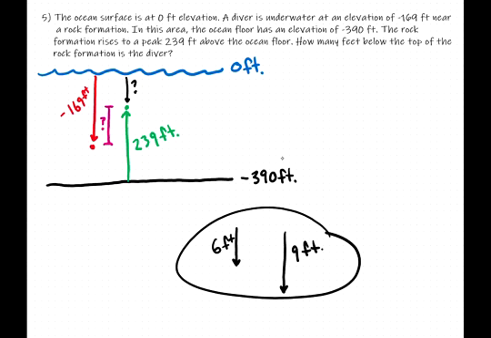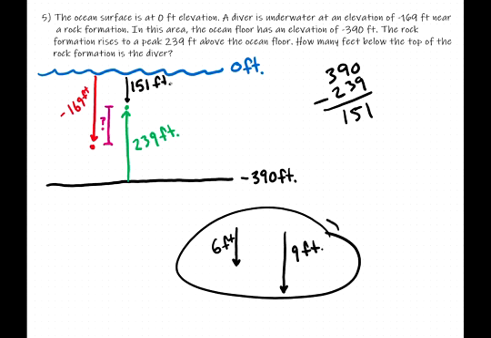The 390, take away the 239. So 390 minus 239, well, that's a difference of, sorry, 151 feet. So saying 239 up from the bottom is the same as saying 151 from the top. So we could label that 151 feet.